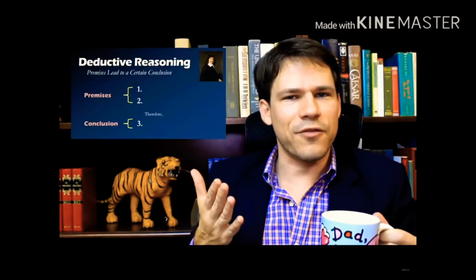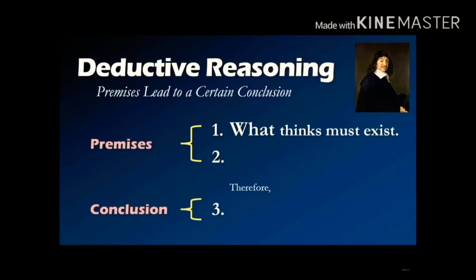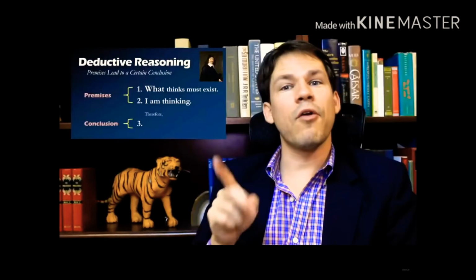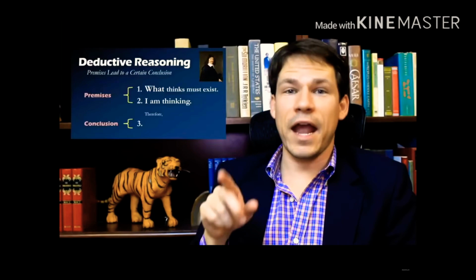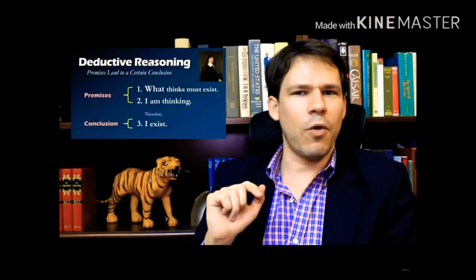This guy went real deep. Descartes says, first of all, what thinks must exist. Something that thinks can only do that if it exists. Second, I am thinking. Therefore, or in Latin, ergo, I exist. I think, therefore, I am.